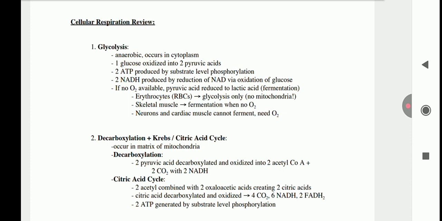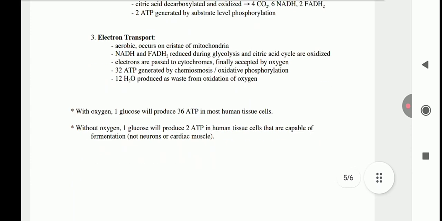Citric acid cycle: 2 acetyl combine with 2 oxaloacetic acids, creating 2 citric acid. Citric acid is decarboxylated and oxidized, yielding 4 CO2, 6 NADH, 2 FADH2. 2 ATP are generated by substrate-level phosphorylation.